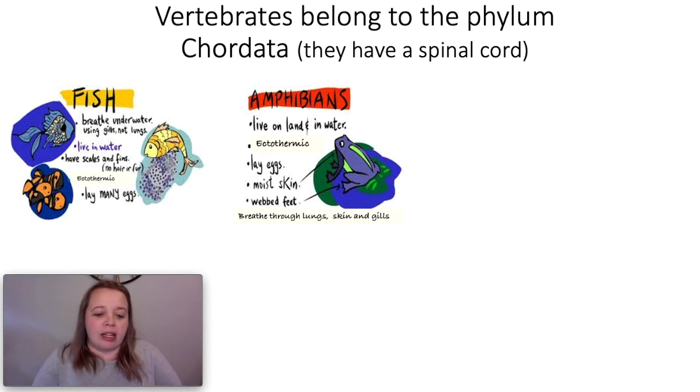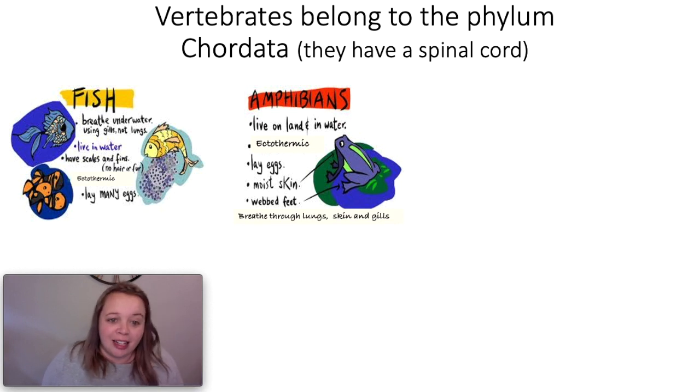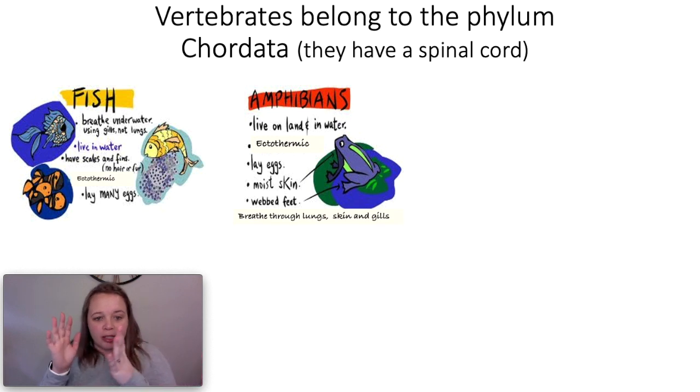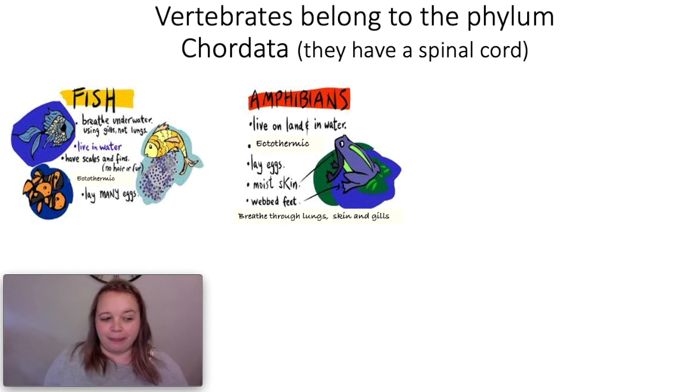So they can breathe through their lungs, they can breathe through their skin, or when they are tadpoles, the juvenile or larval version, they can actually breathe through their gills as well. So they're very cool. They're very similar to fish, except they've got some things that allow them to live on land. Which group do you think is going to come next?